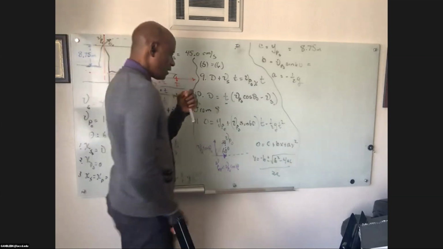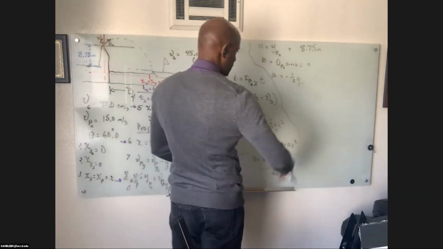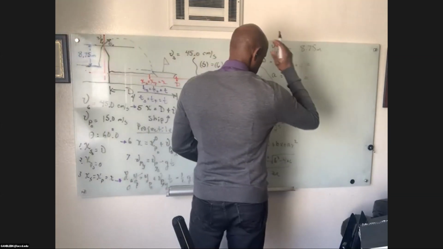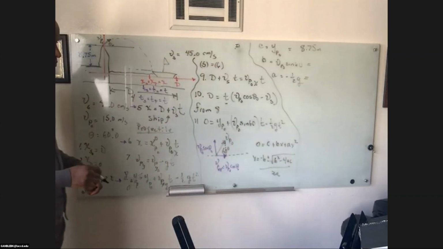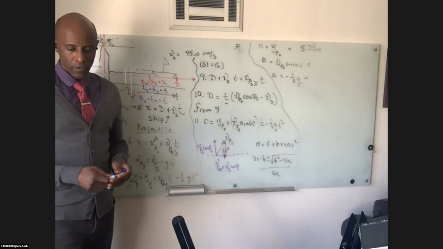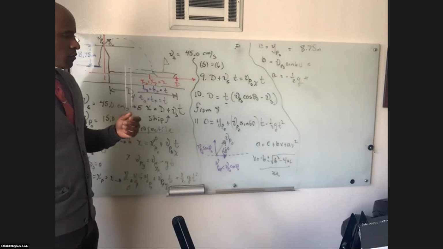And then minus GT, so that's going to be 9.81 divided by 2, 4 point, whatever that is.